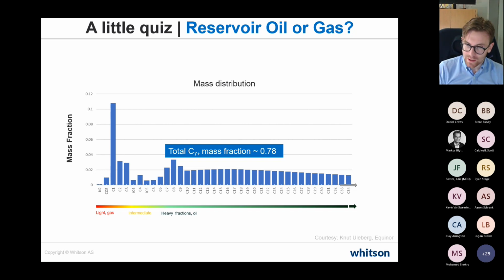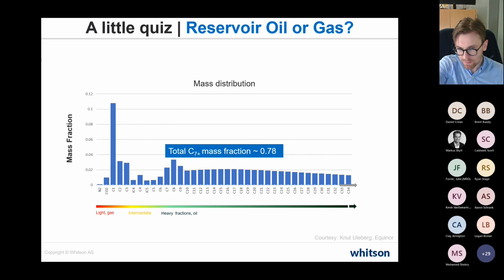So this is just a trick question to activate you a little bit. Later we will talk about some very rough rules of thumb when it comes to this. The key thing to understand here is the components that are heavier than C7 plus. I mentioned already that what is different between Eagle Ford, Niobrara, etc., is the C7 plus characterization.